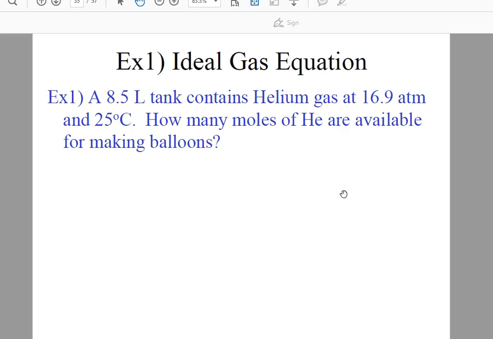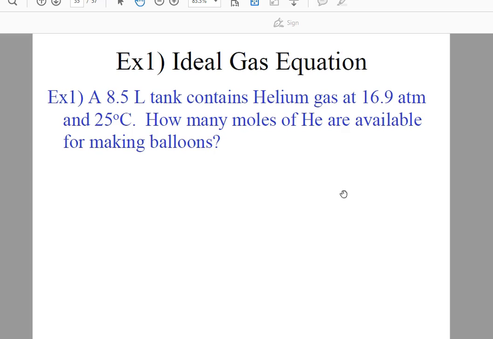So let's look at an example here. We have an 8.5 liter tank. So what is that representing? Volume. And it's in the right unit. Good. And it is at 16.9 atmospheres. That represents our pressure, and it's already in the right unit, which is good.